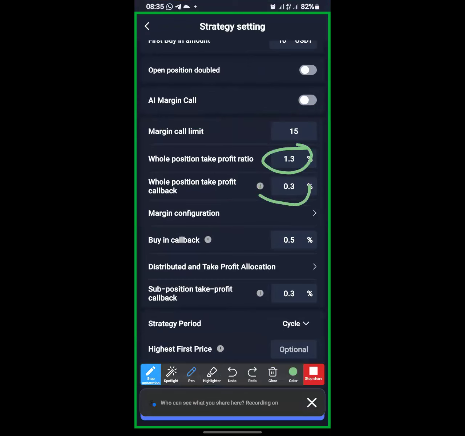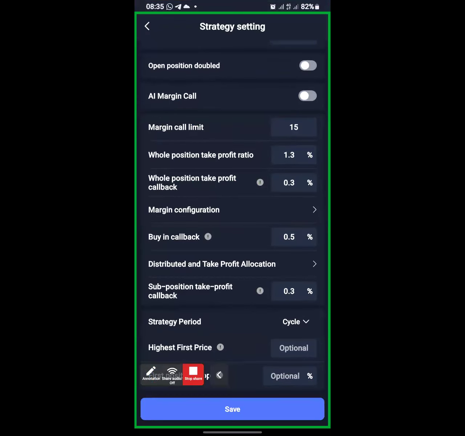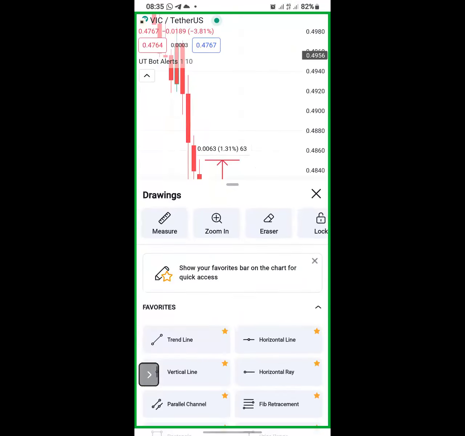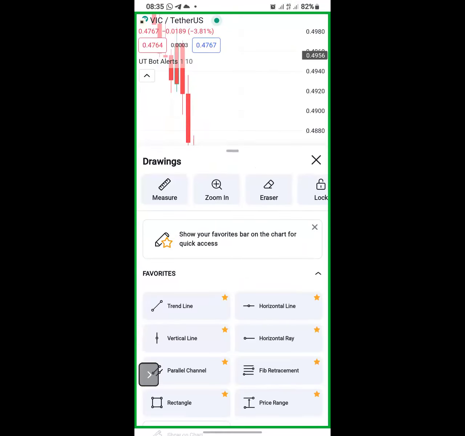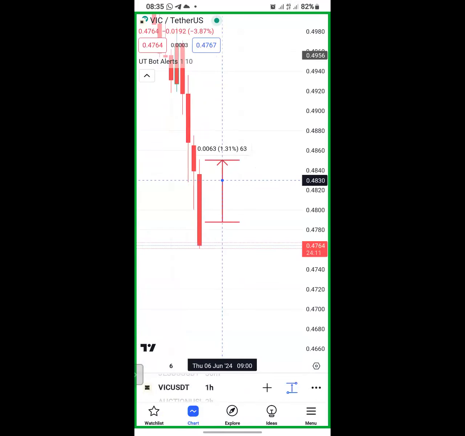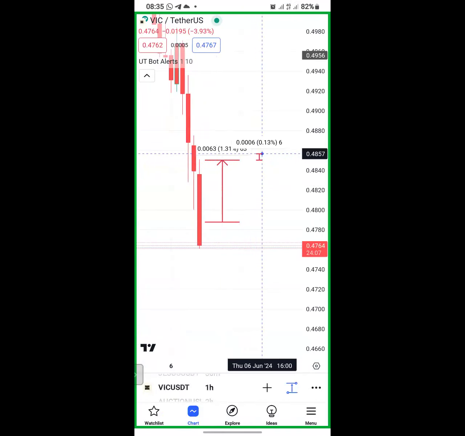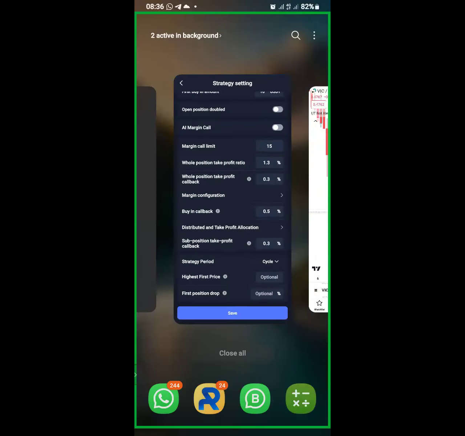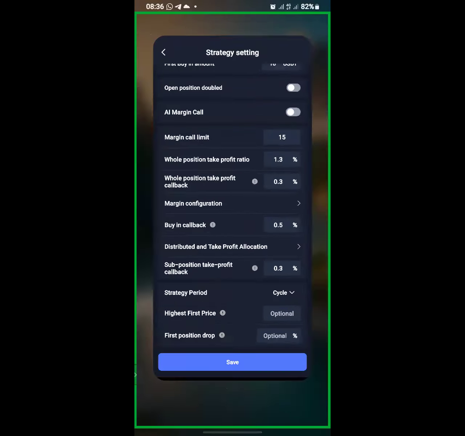So this is the callback 0.3. This means that the whole portion take profit callback is going to increase from where you told your bot to sell by 0.3, just there. If it hits that price, then you have your buying callback as 0.5 here.